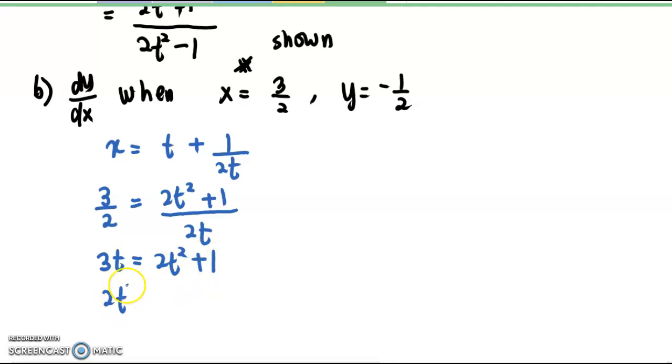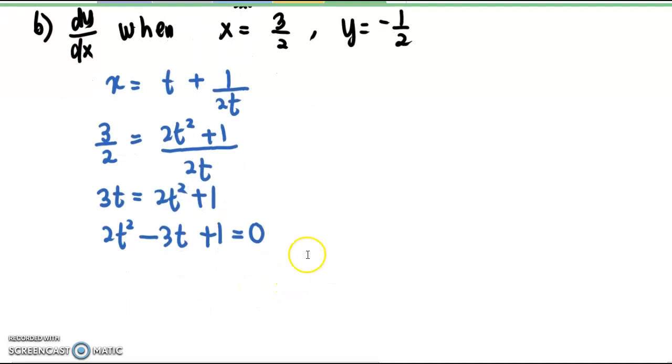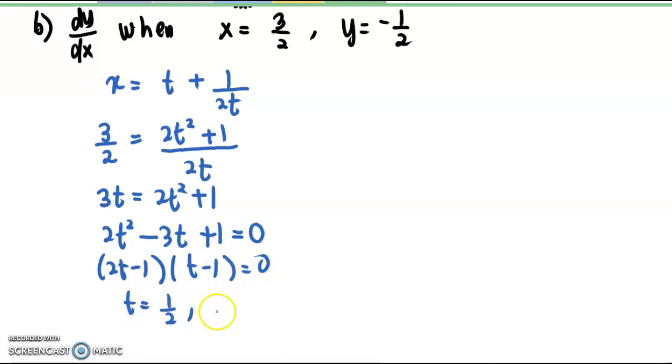Rearrange: 2t square minus 3t plus 1 equals 0. So we use calculator to evaluate the value of t. 2t minus 1, t minus 1 equals 0. So we have t equals 1 over 2 and 1.